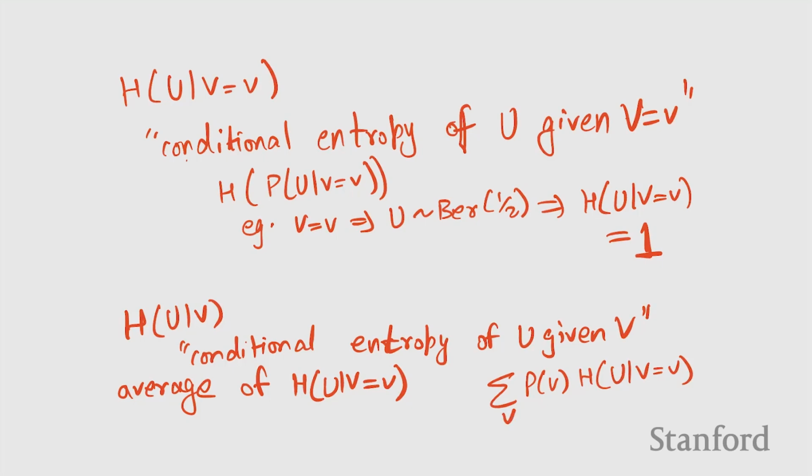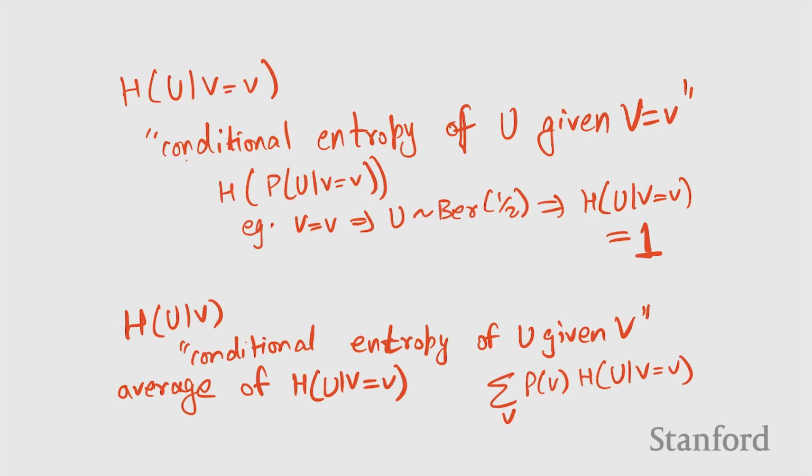Can somebody remind me what was the intuitive meaning of entropy? If entropy is high, what does that mean? Exactly, right. So entropy was a measure of uncertainty, a measure of randomness. If it's a constant, it's zero entropy, uniform is maximum entropy.